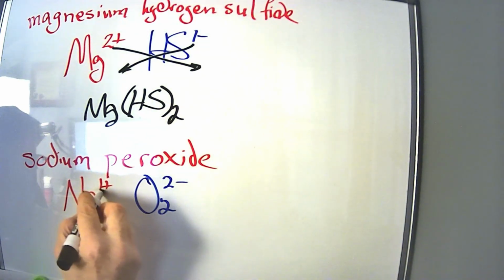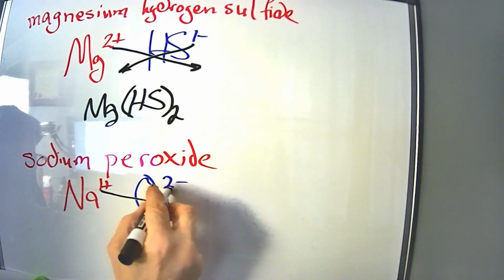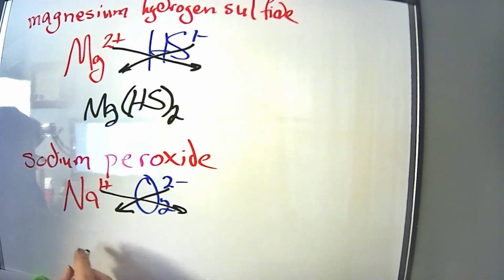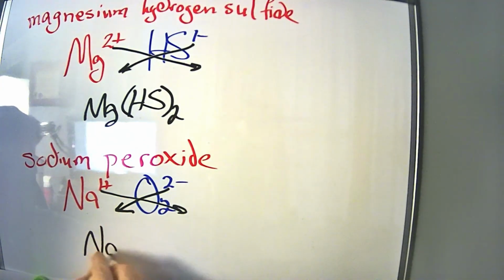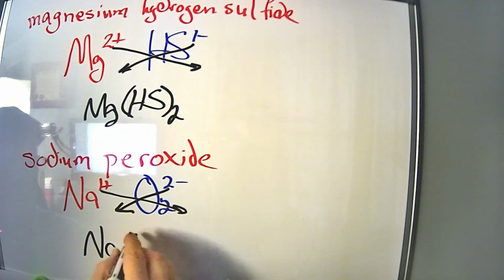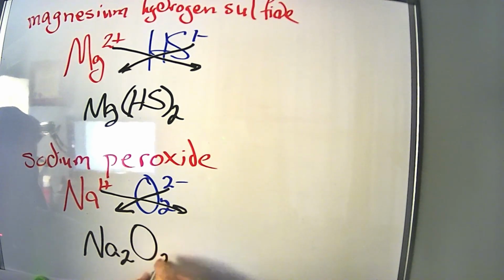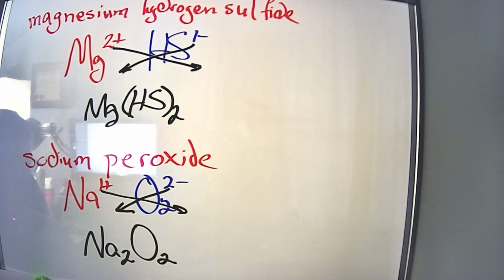So I need 1 peroxide ion, 2 sodium ions. 2 sodium ions, and just 1 of those peroxides. Since, again, remember it's an understood one, so I don't have to write it. So it's not like I put parentheses around the O2 or anything. Okay?